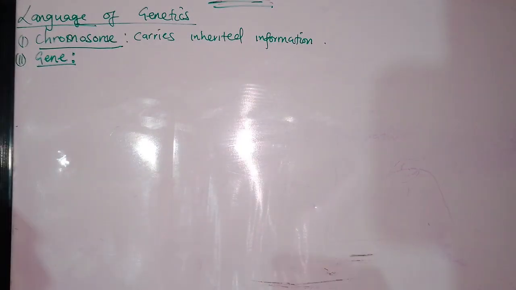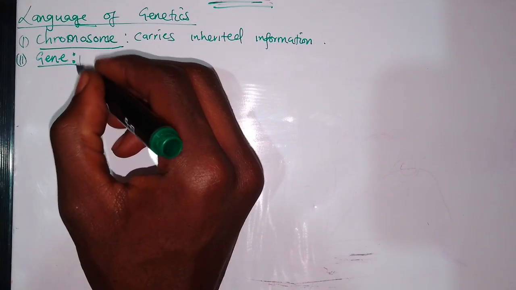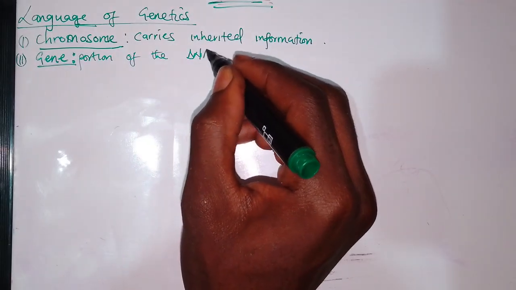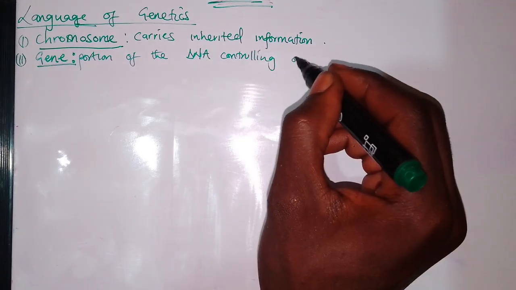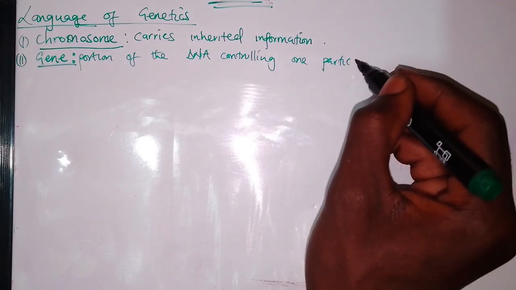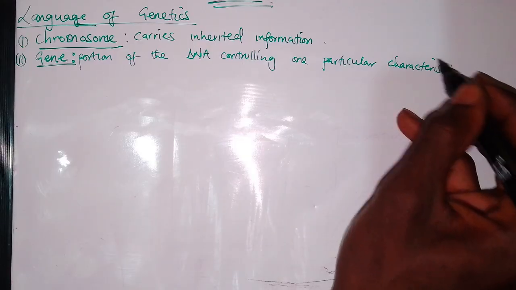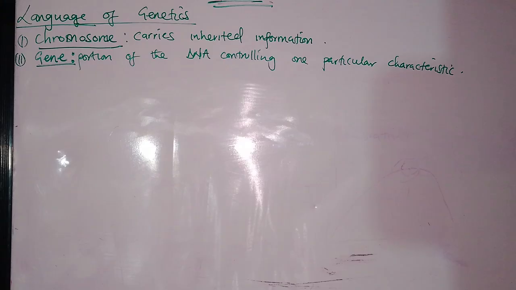A gene in simple terms is just a portion of DNA controlling one particular characteristic.